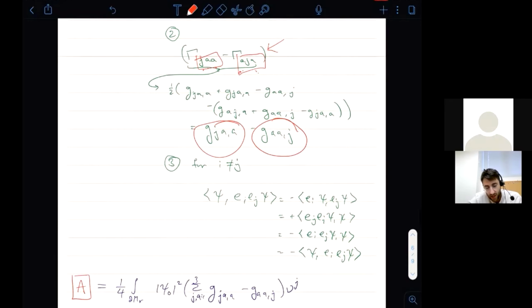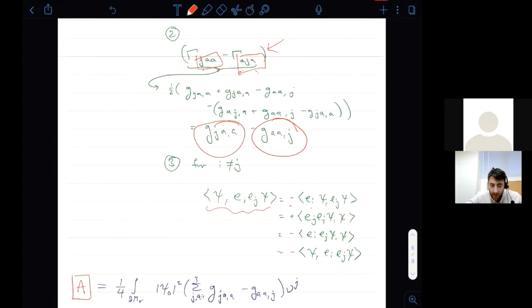Okay, the other thing that you need to use in order to complete this calculation is the following. If you ever run into a term like this, well, that becomes the following. So if you do a Clifford multiplication by EI, you pick up a minus sign, you get an EI here.